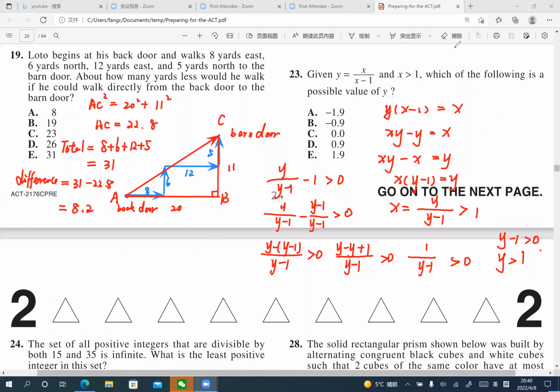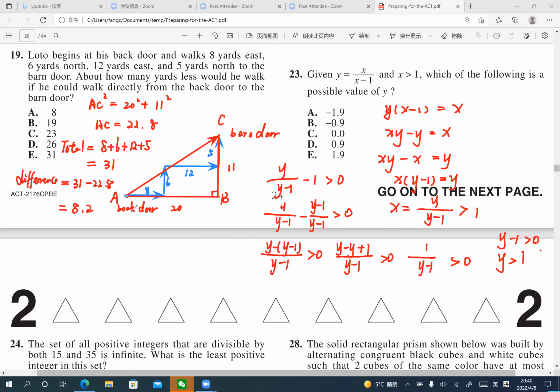Question 19. Lotto begins at his back door and walks 8 yards east, 6 yards north, 12 yards east, and 5 yards north to the barn door. About how many yards less would he walk if he could walk directly from the back door to the barn door? Let A represent the back door.